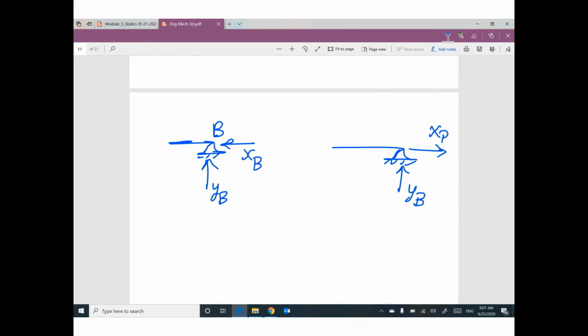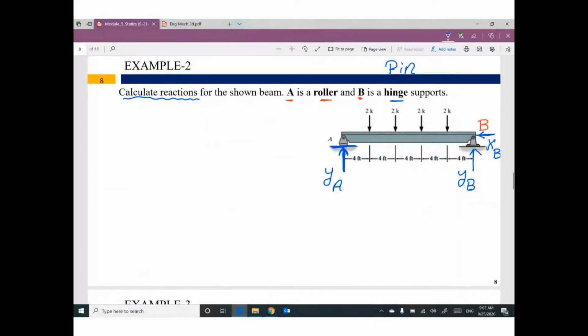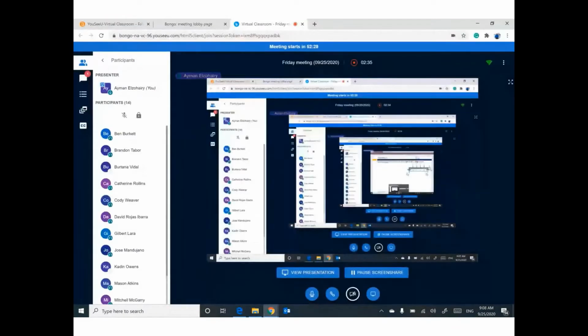You can assume any direction, left or right, up or down, but keep in mind that for a pin or hinge support we have 2 reactions, one vertical and one horizontal. Any questions so far?